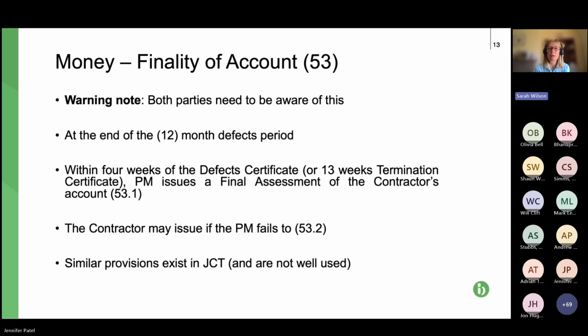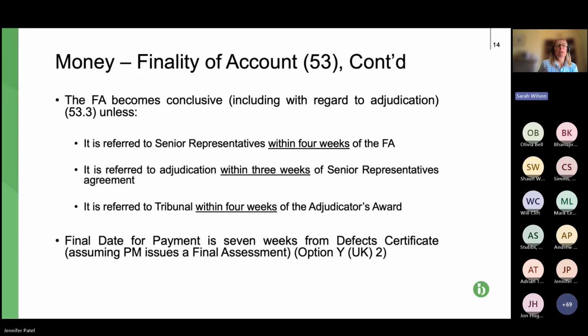So if we can move on to the next slide, please, Jen, because it becomes conclusive. So this is 53.3, as regards the one that has been issued, unless the other party, the party receiving it, basically refers it to some form of dispute resolution within 3 to 4 weeks. So basically you've got to refer it to senior reps or adjudication within 4 weeks of receiving that final assessment.